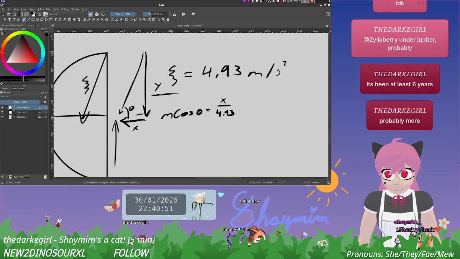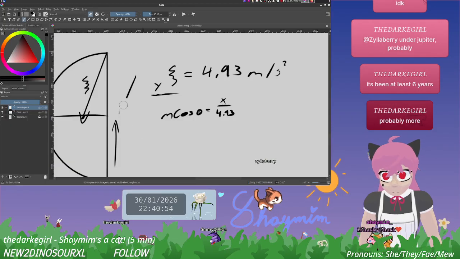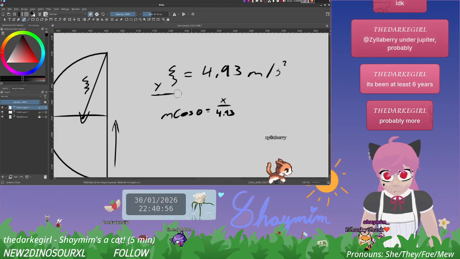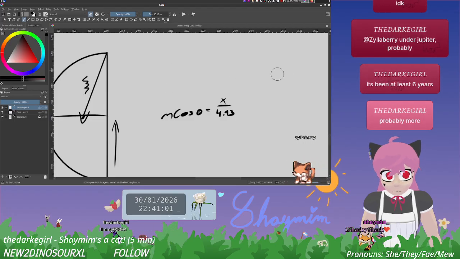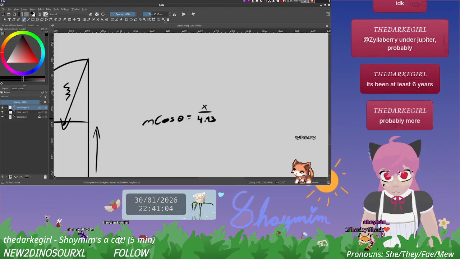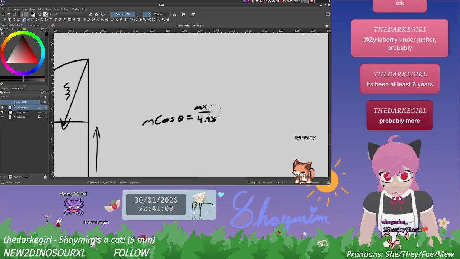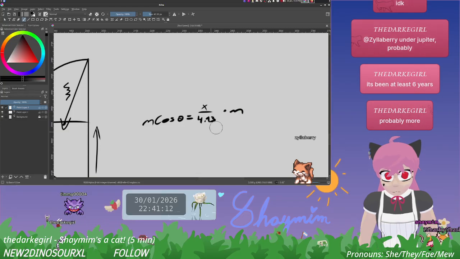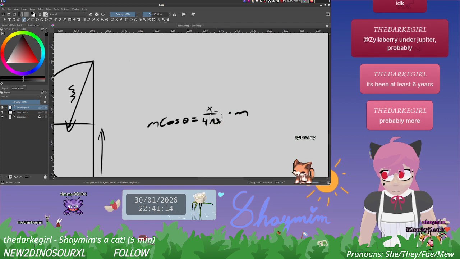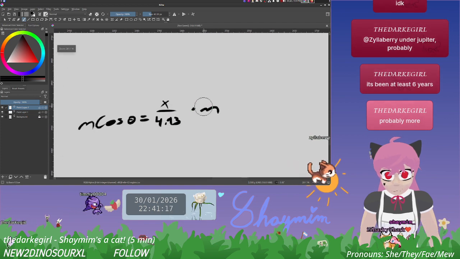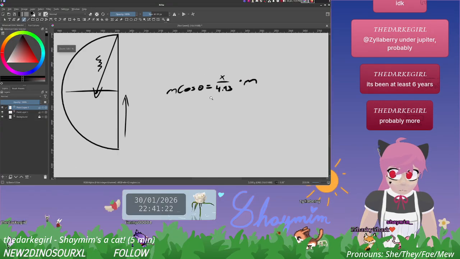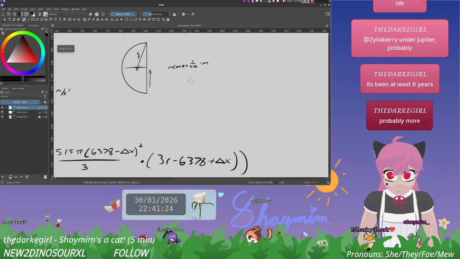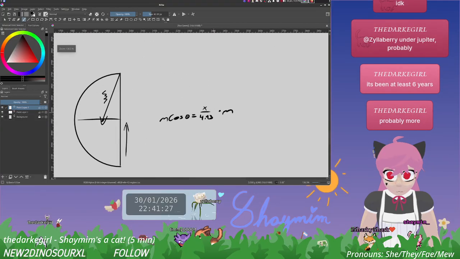But basically, what I'm figuring here is that, equals, I guess we would multiply by m over here. Okay. So here we have the force of gravity on a slice. Right? Right.